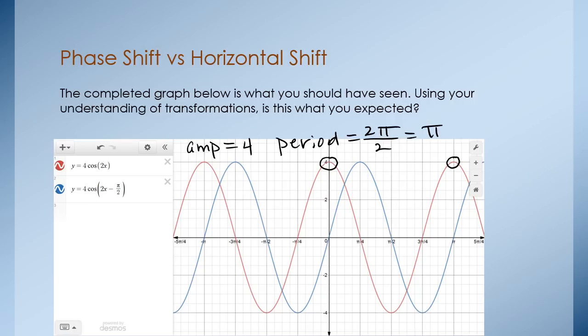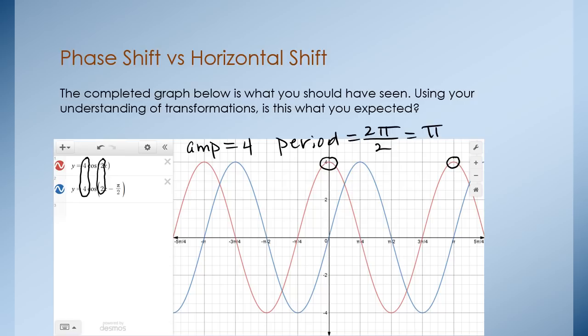So I would expect the blue function to have those same characteristics, an amplitude of 4 and a period of pi. And that's because they have the same 4 on the outside of the function and they have the same 2 on the inside of the function. But what the blue function has is a minus pi over 2. Now, from what you know from previous classes, you should have expected that this created a shift to the left or the right.